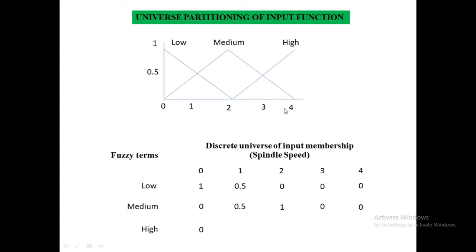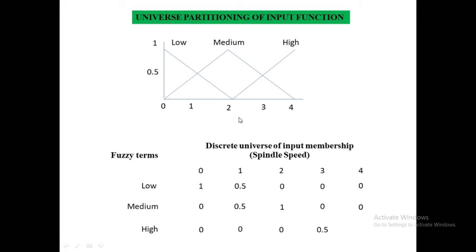After that, high. Here you see, from low and medium, lines are only available in the initial stage, but high starts from 2, where the discrete differentiation, I mean the universe number value, is 2. So I start putting numbers from 2 in the universe partitioning. So 0 and 1 have 0. After that, at the initial point 2 there is 0 available, so I assign 0.